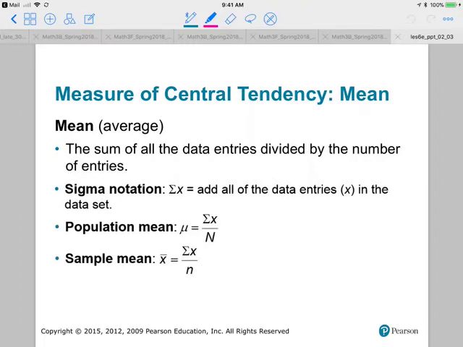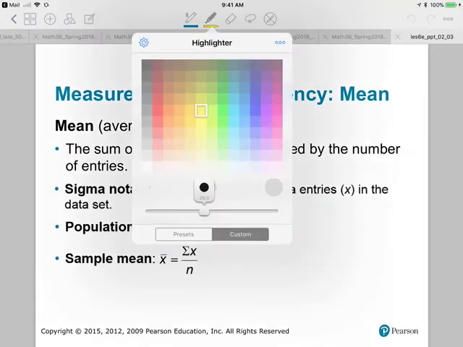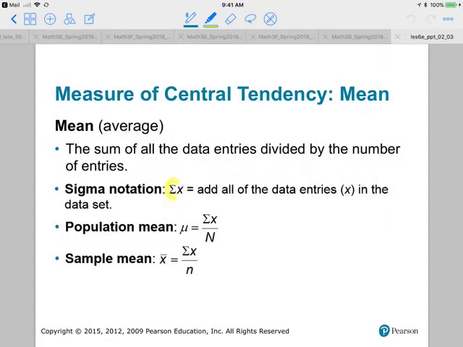Essentially you just take all of your data entries, add them up, and divide by the number of entries. I want to point out this notation here, sigma notation. We've seen sigma notation before. The sigma means add up everything.